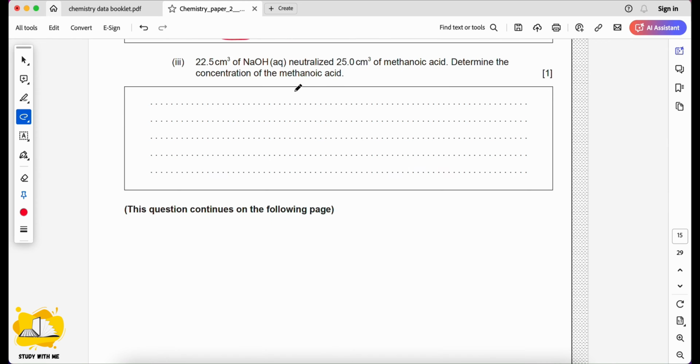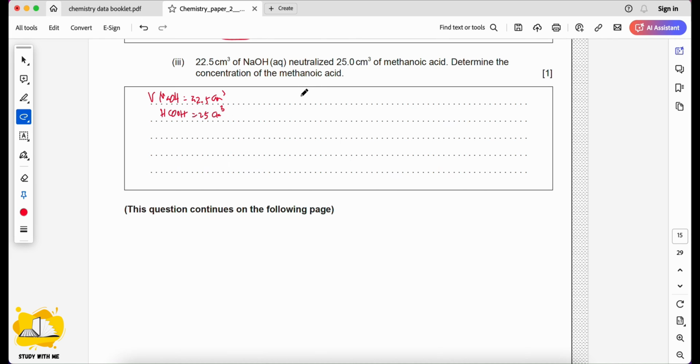Okay, 22.5 cm³ of NaOH neutralizes 25 cm³ of methanoic acid. Determine the concentration of the methanoic acid. So the volume of NaOH is 22.5 cm³, and methanoic acid is 25 cm³.